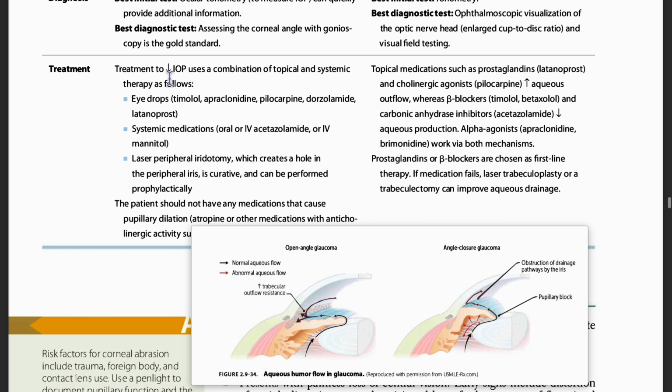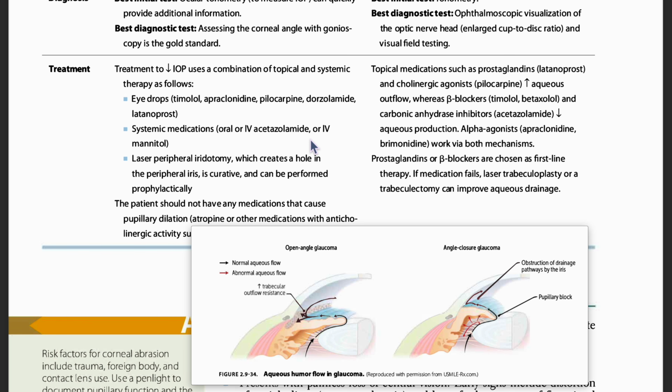Treatment is to decrease intraocular pressure. Uses a combination of topical and systemic therapy as follows: eye drops, timolol, apraclonidine, pilocarpine, dorzolamide, and latanoprost. Systemic medication, oral or IV acetazolamide or IV mannitol.